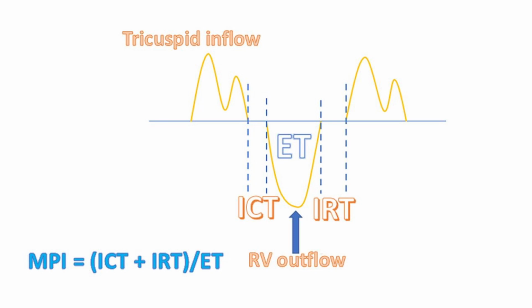Myocardial performance index is the ratio of the time spent in isovolumetric activity divided by the time spent in ventricular ejection. MPI is equal to ICT plus IRT, whole divided by ET. ICT, isovolumic contraction time; IRT, isovolumic relaxation time; ET, ejection time.